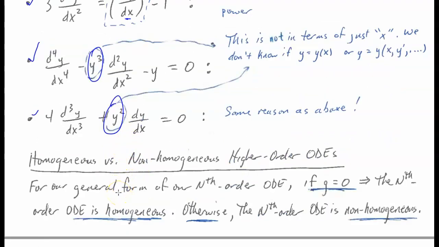All right, so the last thing that we want to talk about before we actually go into the reduction of order process is to determine what we mean when we say homogeneous versus non-homogeneous for higher order ODEs, okay?